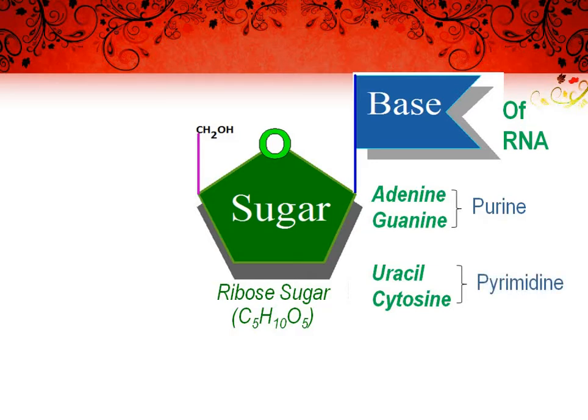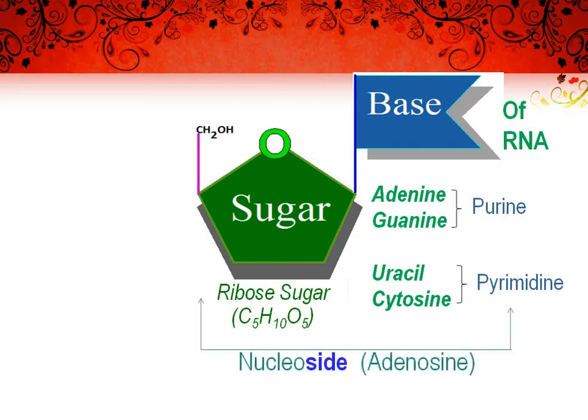When a nitrogen base gets attached to the sugar at the carbon 1 position, it results in formation of a nucleoside. As there are 4 nitrogen bases, it results in formation of 4 nucleosides. If adenine is attached, it forms adenosine nucleoside.